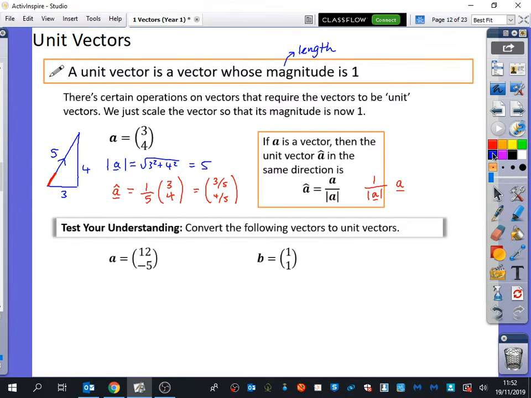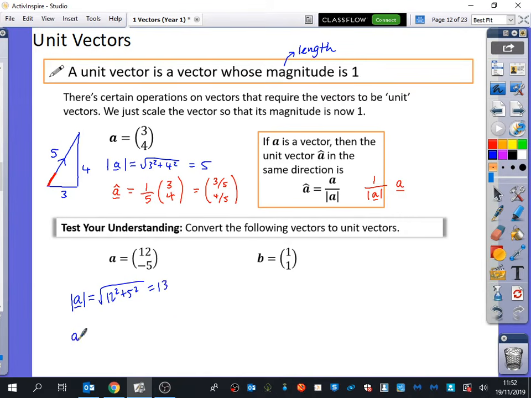Okay, so let's have a quick look. First thing we need to do is find the modulus of A. We need to find out how long the vector actually is. Ishak, what did you get when you found the modulus of this? Yep, which is 13.